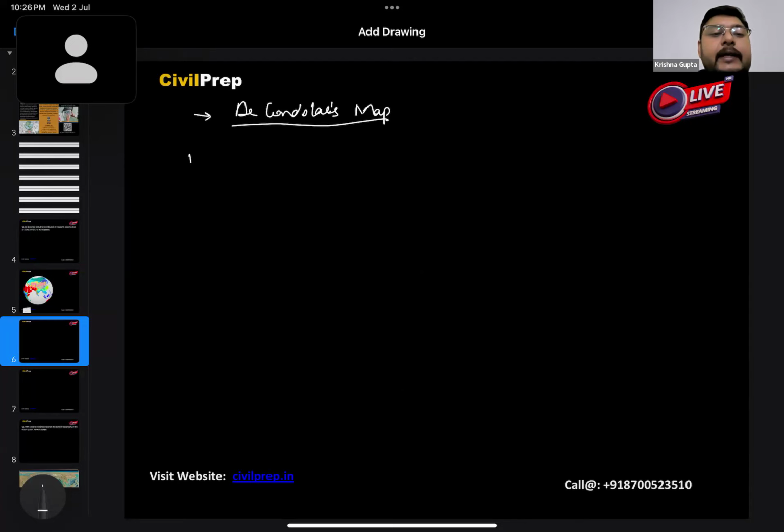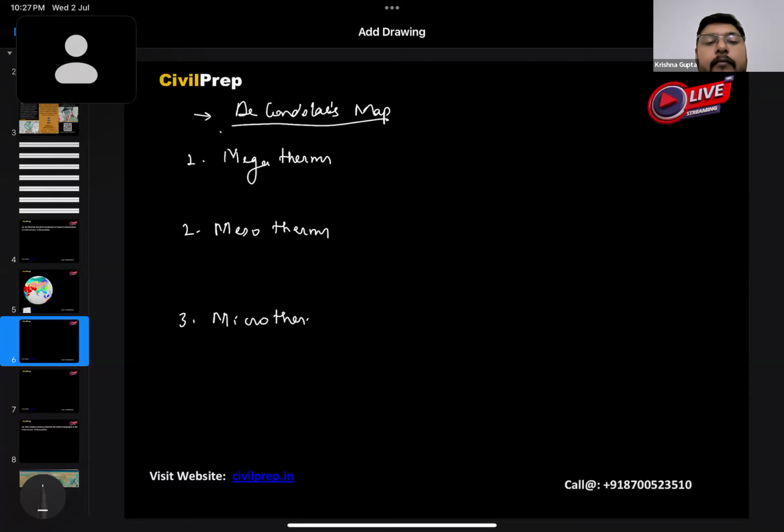Here he classified the complete world into four categories, which were number one, megatherms, number two, mesotherms, number three, microtherms, and number four, hecistotherms.